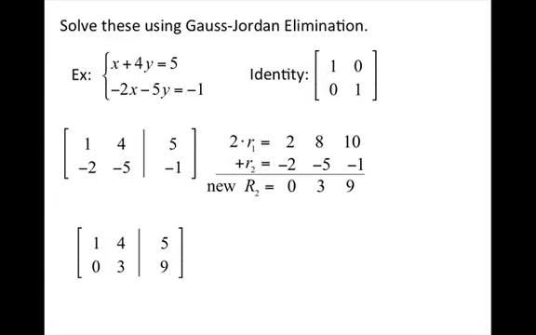I can divide that entire row by 3. So I'm going to take row 2 and divide every element by 3. When I do this, 0 divided by 3 is 0, 3 divided by 3 is 1, and 9 divided by 3 is 3. This is going to become my new row 2. So row 1 again is going to stay the same, and I'm just going to change row 2. So row 1 stays 1, 4, 5, and row 2 becomes 0, 1, 3.